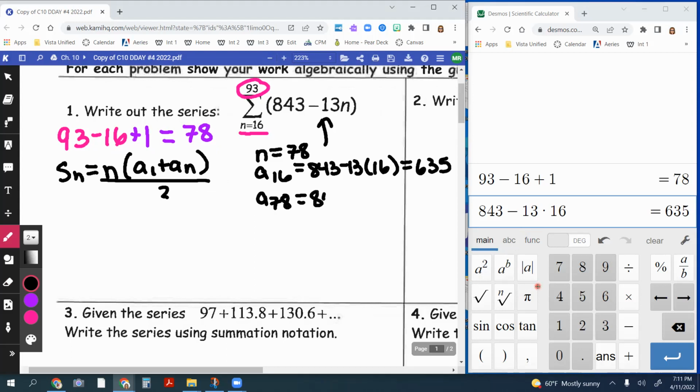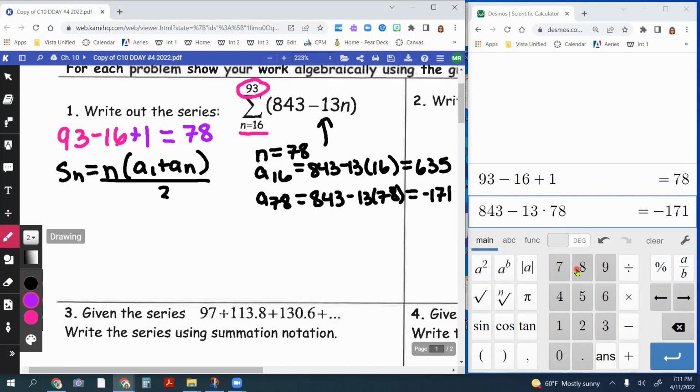Now I'm going to substitute in 78 into that same equation, so let me just change this to a 78. And I get a negative 171.